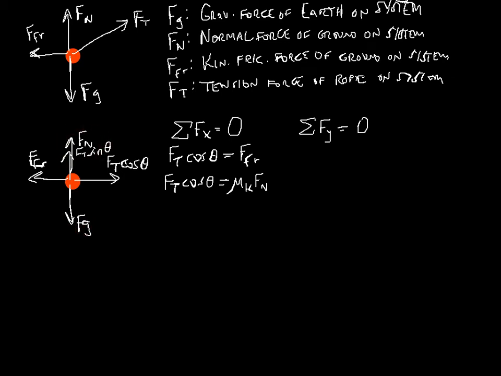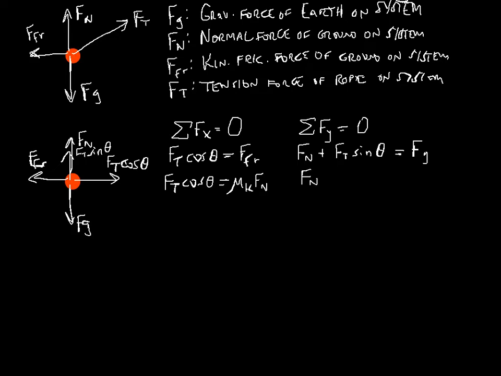We have two upward forces, the Fn and the Ft sine theta, and that's going to equal the one downward force, the Fg. So Fn plus Ft sine of theta equals Fg.